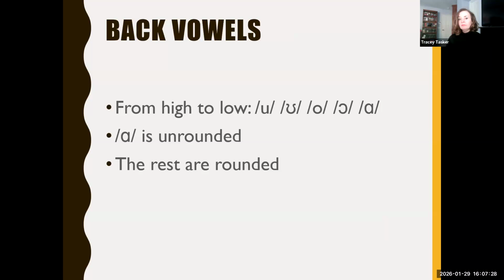Let me go through what these vowels are very quickly: oo, o, aw, ah. Ah is an unrounded vowel. You see, I really had to open my mouth to say that. The rest are rounded. I'm going to go through each one individually.